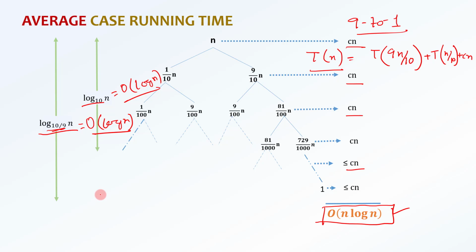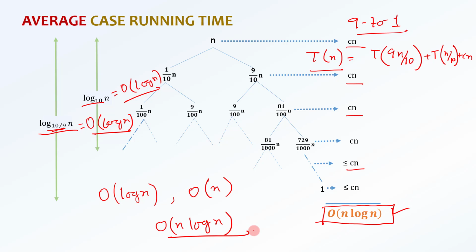The reason is that any split of constant proportionality will ultimately have a recursion tree of depth order of log n, where the cost at each level is order of n. Thus the running time is order of n log n, and this is true whenever the split has a constant proportionality.